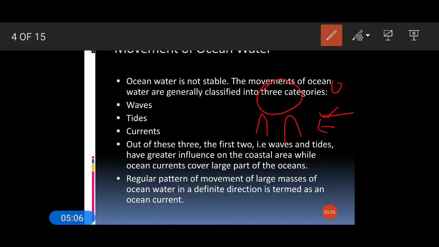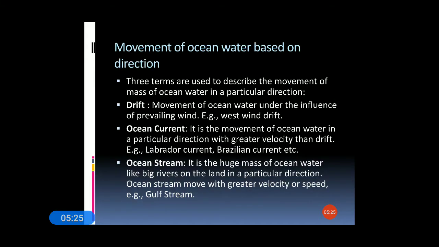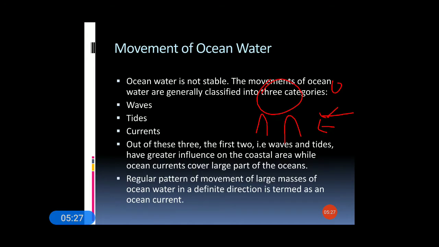They not only impact the coastal areas, but also the other major parts of the ocean. So a regular pattern of movement of a large mass of ocean water in a definite direction is termed an ocean current. This can be the definition of ocean currents.